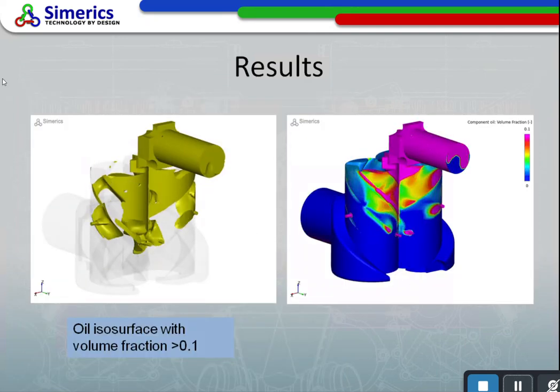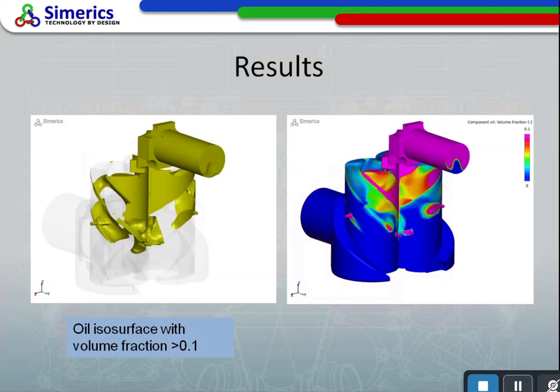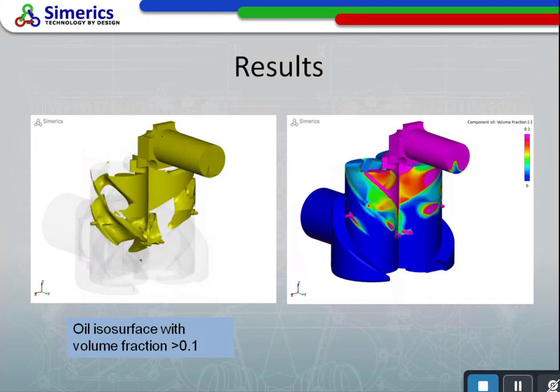Here we also show the oil surface with a volume fraction bigger than 0.1. And here the animation shows how the oil is distributed within the rotor. As you can see, the oil is released from the injection port and carried over by the rotors.